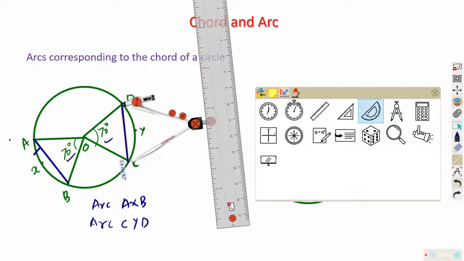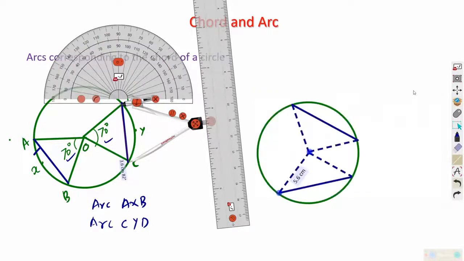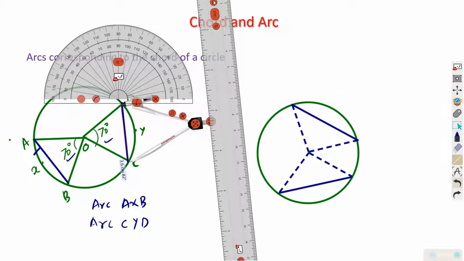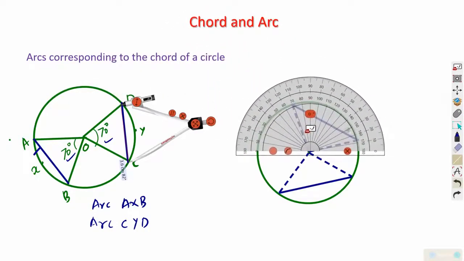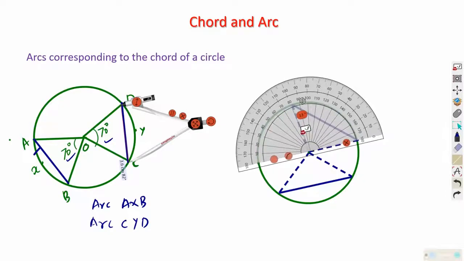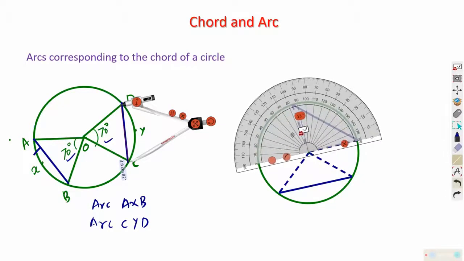Earlier we made the angle, then we went for measuring the size of the arc. Now I will measure the angle over here using a protractor. You should keep it properly, then only you will get the correct measurement. Here the measurement starts from here.